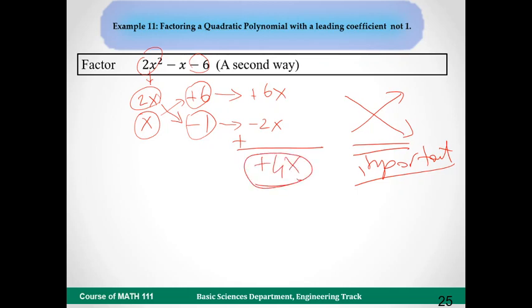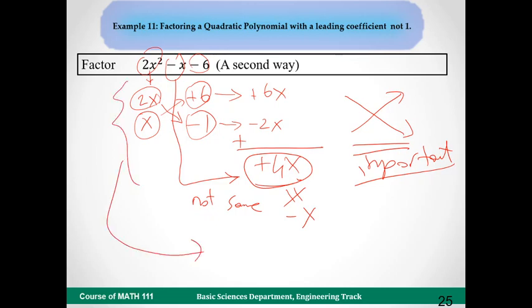This plus 4x should be equal to the middle term, but it's not the same. So you say 4x is not equal to negative x. In this case, this choice of factors is wrong.